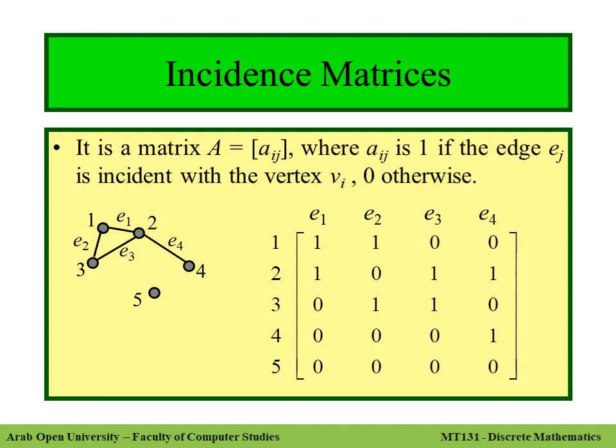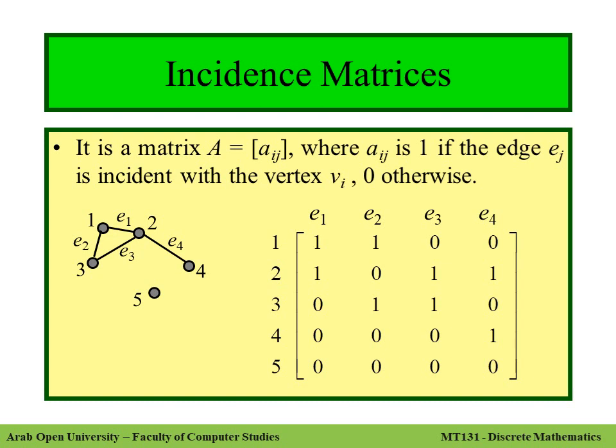E3 connects 2 and 3, so you have 1 with 2 and 1 with 3, and zeros everywhere else. Finally, E4 connects 2 and 4, so E4 with 2 is 1, and E4 with 4 is also 1, the remaining entries are zeros.